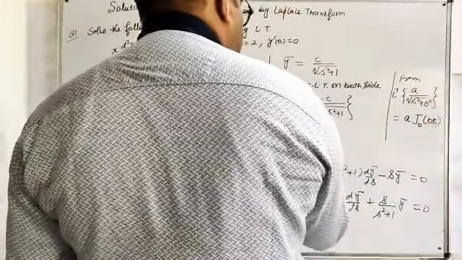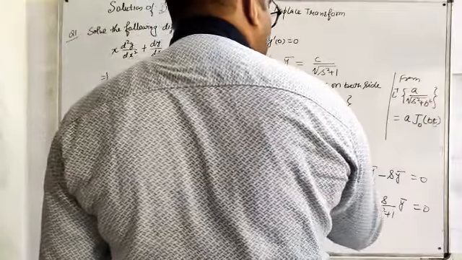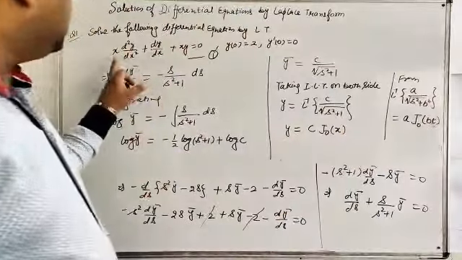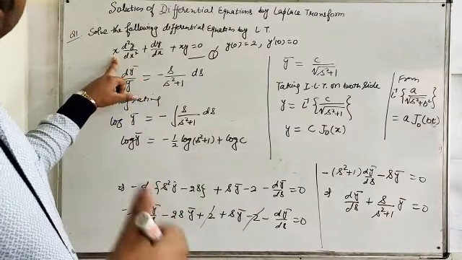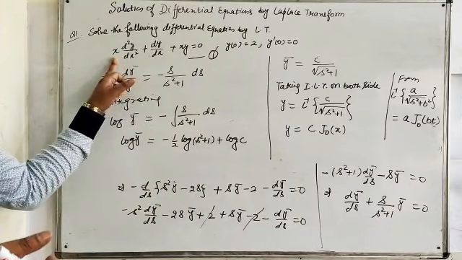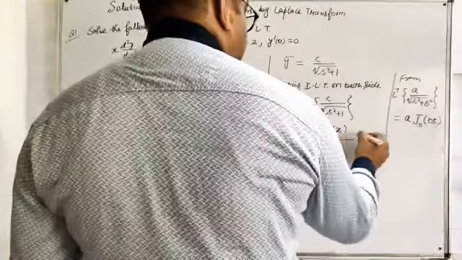So y is equal to c J naught x, because b is equal to 1 and this question is in y and x, so we will take x in place of t. So y is equal to c J naught x. Let this be equation number 2.